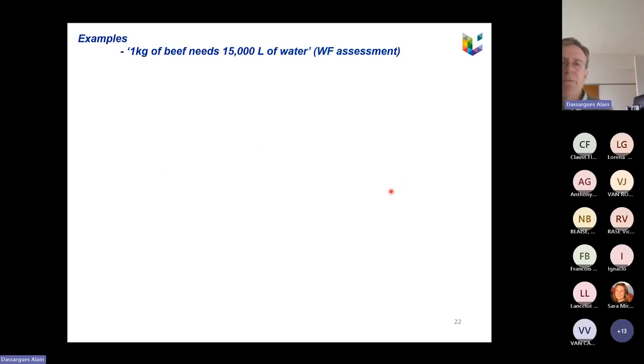A few examples, maybe. You have probably heard people saying around the table that 1 kilo of beef needs about 15,000 liters of water. This is a water footprint assessment, so it is clearly a robust number.